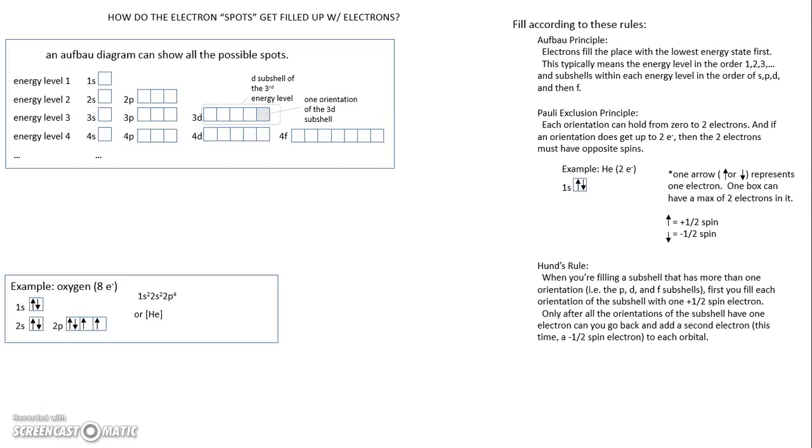Another way to write the electron configuration notation is to put the noble gas of the period that comes before the atom that you're trying to write the configuration for, to represent all the filled subshells up to that point. And then after that, you can put the additional filled subshells.